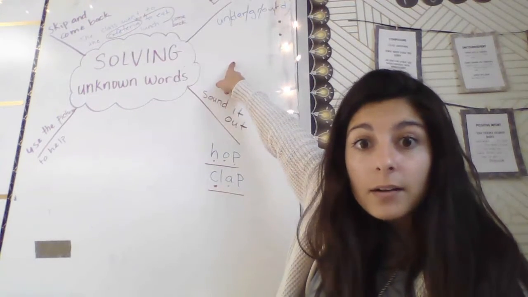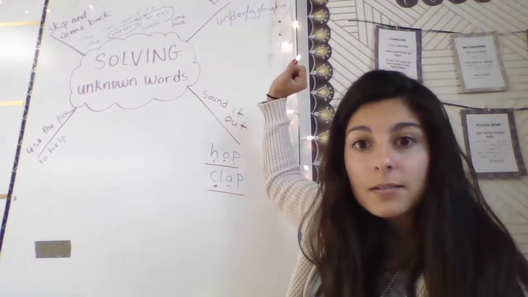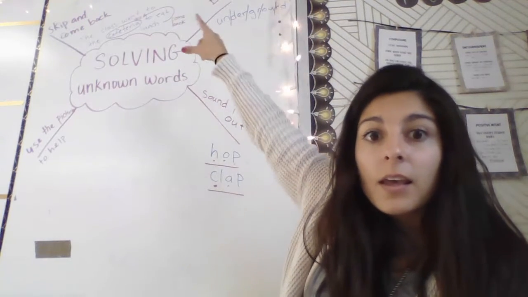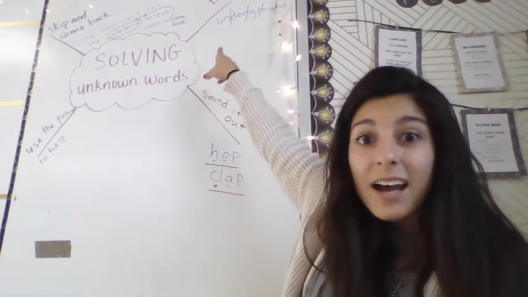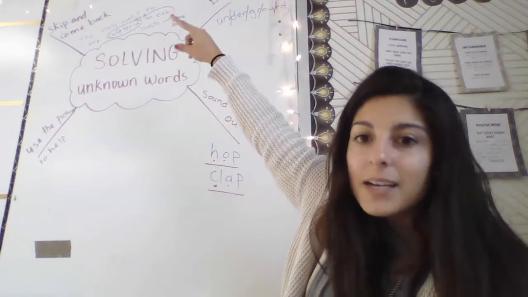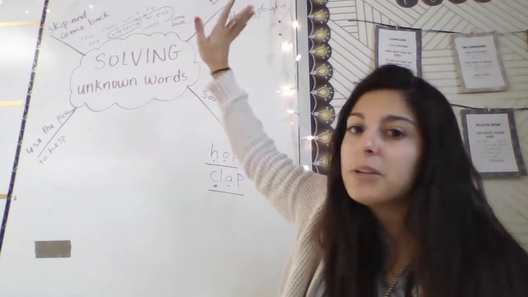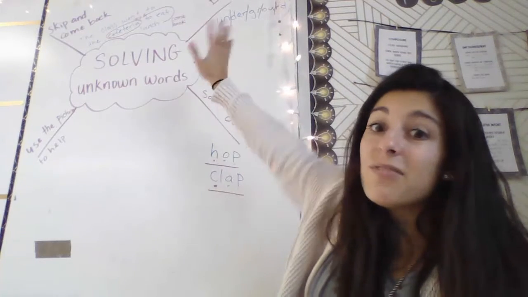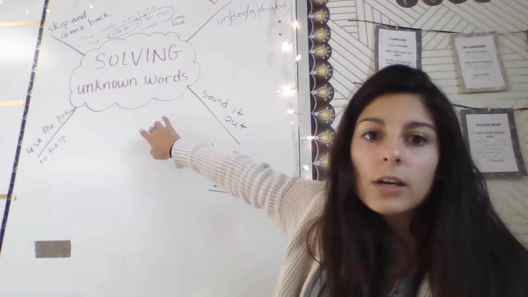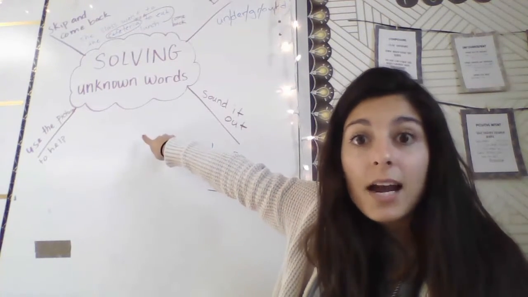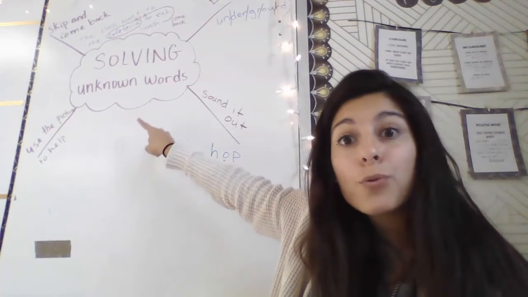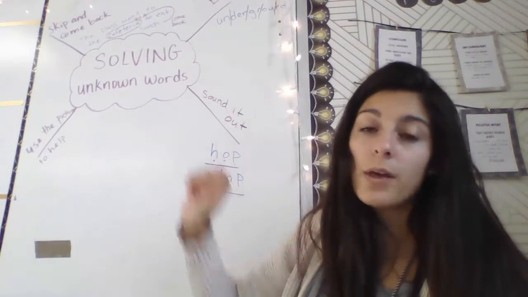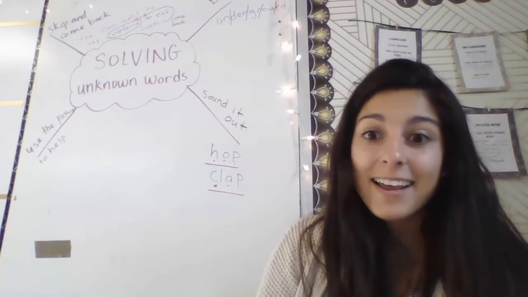If it's a big word, break it up into pieces and see if you can put it back together. If you still can't get it after these two, try to skip it and come back. Just be like, you know what? I'm going to read the rest of the sentence, then I'll come back and make a good guess. And if even that's not helping you, take a look at the pictures. The pictures a lot of times give you clues as to what the words are saying. So use those pictures to help you with your reading, all right?